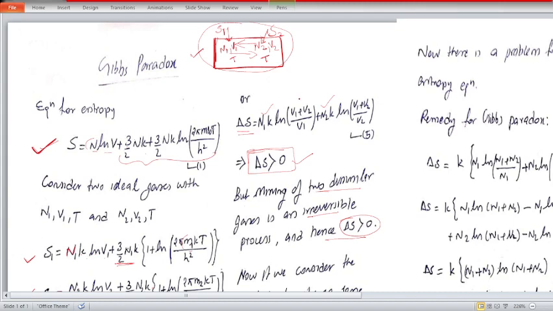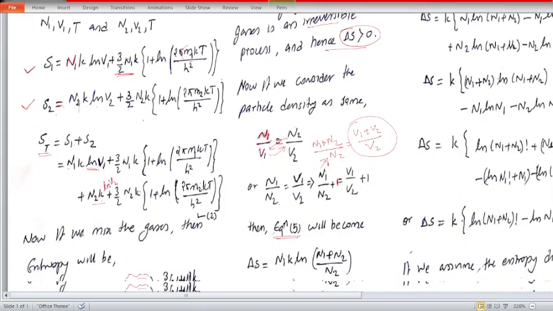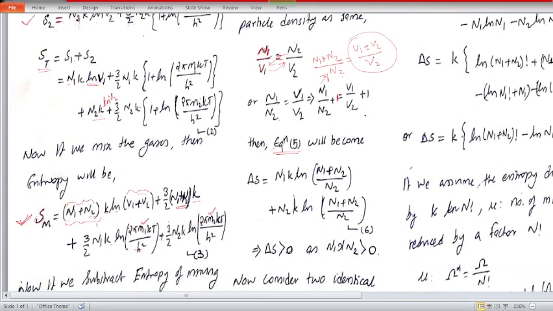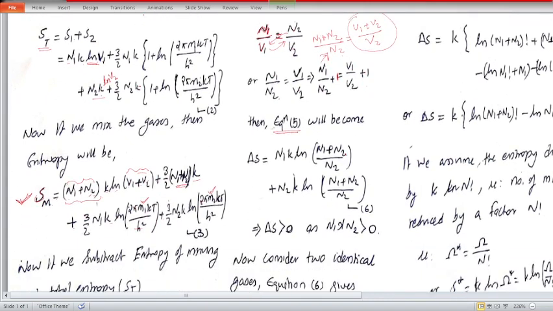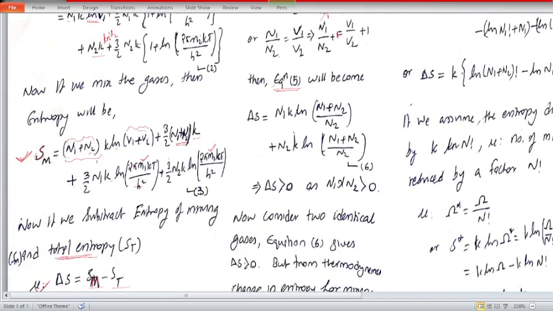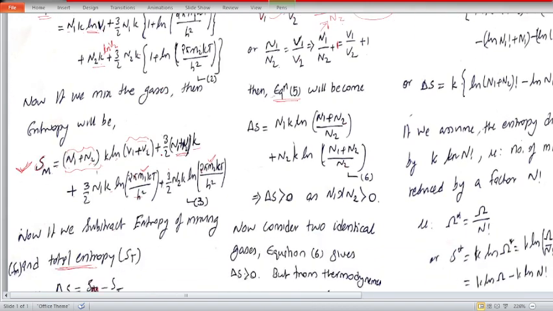So instead of (v1 plus v2) by v1 and (v1 plus v2) by v2, you can replace (n1 plus n2) by n1 and (n1 plus n2) by n2. You can replace those expressions, as you can see from this.